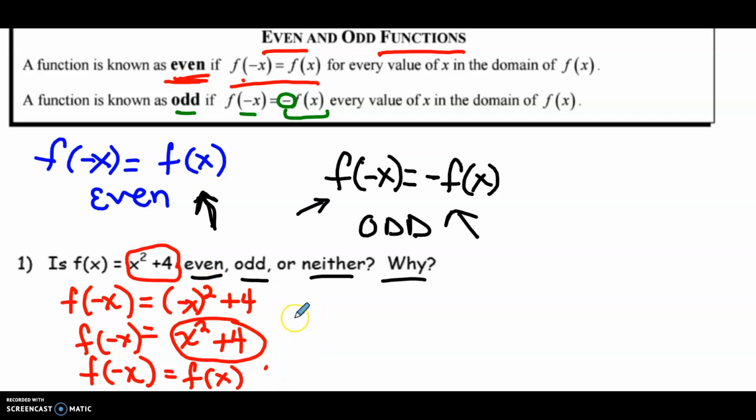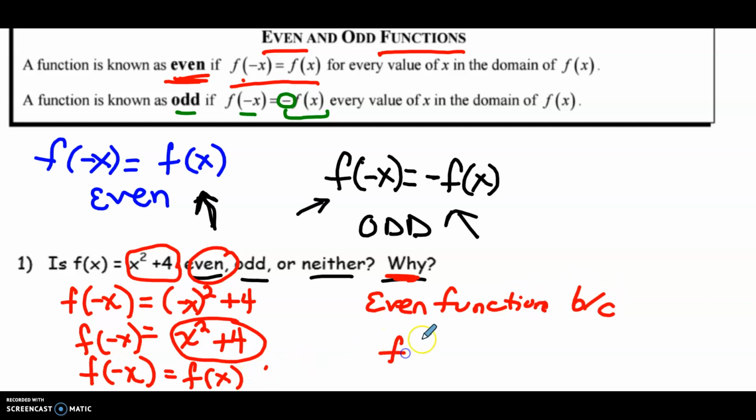This function is even. So to answer the question why, you will say this is an even function because, I'm so sorry about my handwriting with this, because f of negative x equals f of x. That is a proof. That's a justification.